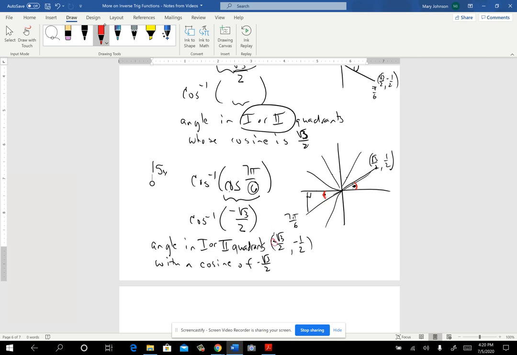But now when I need the cosine inverse of negative square root of 3 over 2, I know that here's another angle that has that same reference angle. This one right here has that same reference angle and also has a cosine that would be negative. So it needs to be this one right here. And that would be 1, 2, 3, 4, 5 pi over 6. So the answer to this should be 5 pi over 6.